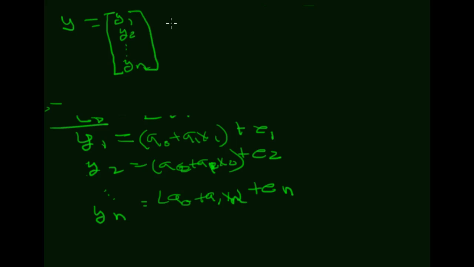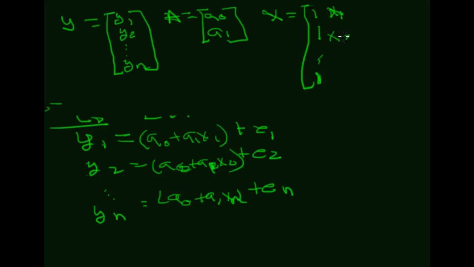We're going to let there be an A matrix, which has two things in it, A0 and A1. We're going to have an X matrix, which is a little odd: it's going to have a column of 1s, and then a column of the X's: X1, X2, down to Xn. And then we have an E matrix, which is just the column of E's: E1, E2, down to En.